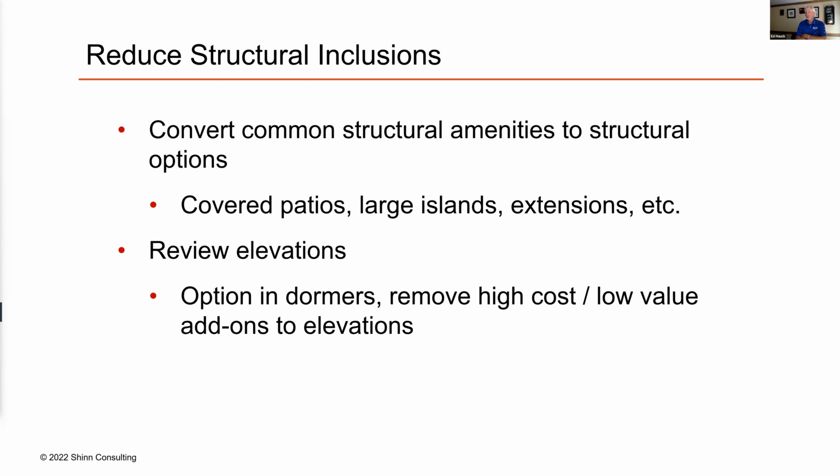Let's include structural patios in the back, covered patios in the rear. We got oversized islands that came into play. We got extensions that came into play. Tons of windows. Our elevations started getting kind of crazy.